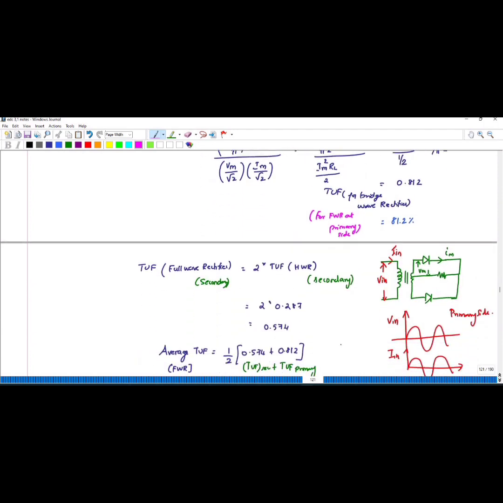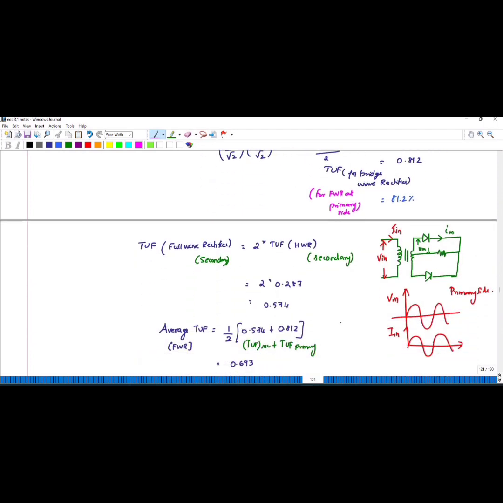Next, if I want to find it for the secondary, the transformer utility factor for the secondary is twice the transformer utility factor of the half wave rectifier at the secondary. That is nothing but 2 into 0.287, where 0.287 is the transformer utility factor for the half wave rectifier. So you will get 0.574.